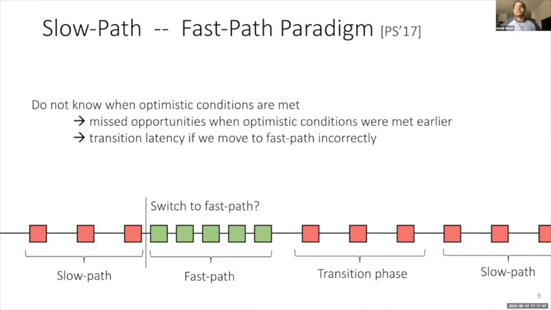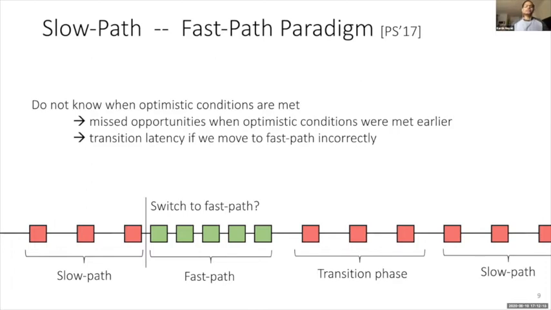I could have committed something faster earlier, and I'm not going to utilize that. On the flip side, if I'm not cautious and hastily move to the fast path, it may be the case that optimistic conditions are not met, and then I cannot commit in the fast path either, and I have to move to the slow path very soon. And having a slow transition phase only worsens the situation.